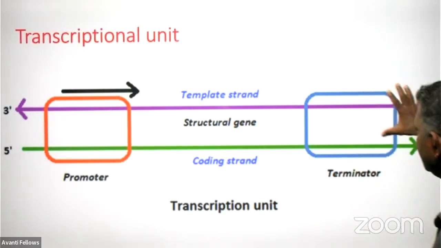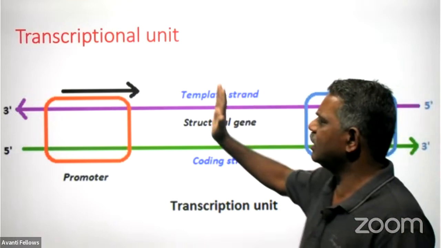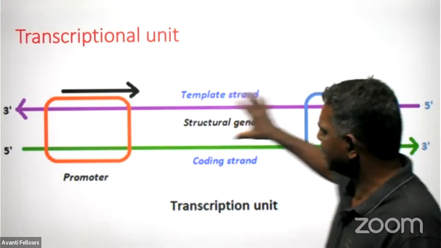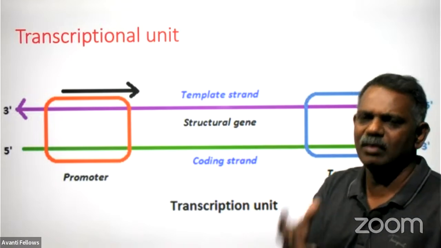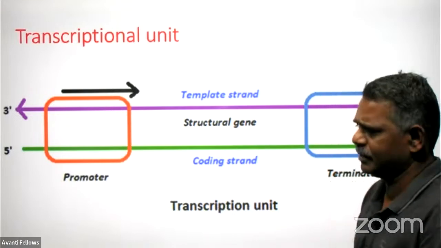This DNA acts as one unit, and it transcribes a particular RNA having a meaning, which produces a functional enzyme or functional protein.